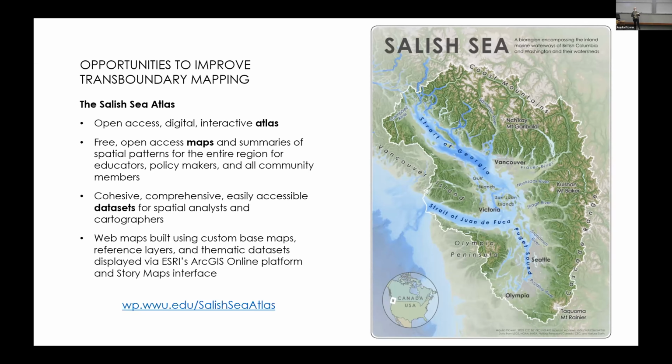It includes maps and short text summaries, looking at lots of different environmental and cultural variables for the whole bioregion. So I'm only looking at data sets that I was able to harmonize for the whole bioregion. And I'm designing it to think about a broad audience, not people who are necessarily doing GIS analysis, but educators and policymakers and the whole community who might want to explore the details of this bioregion.